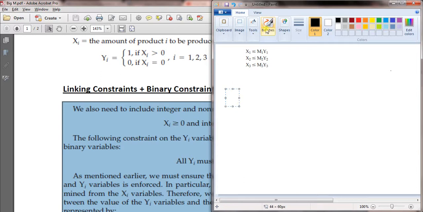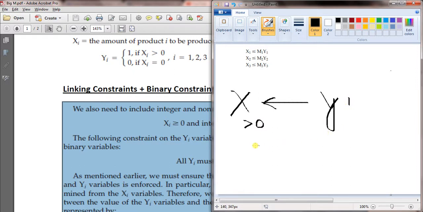If you produce x, that is, if x value is greater than 0, then y value is 1. If you don't produce x, that means x would be 0, then y value is equal to 0.